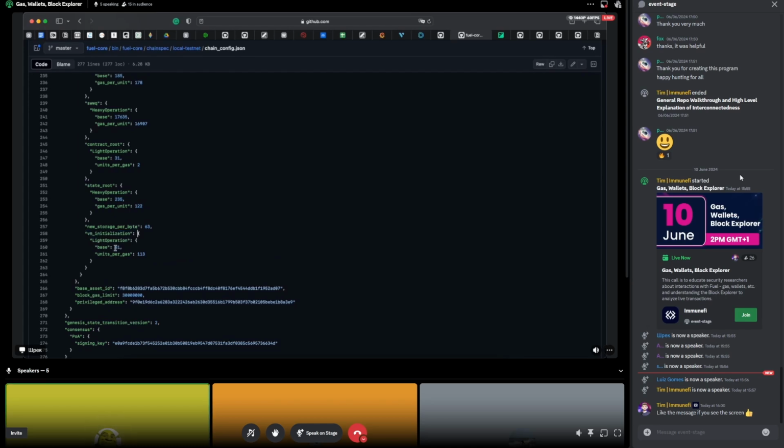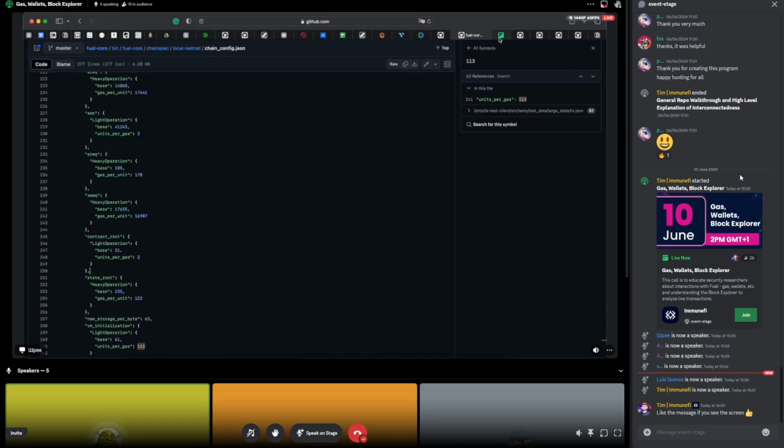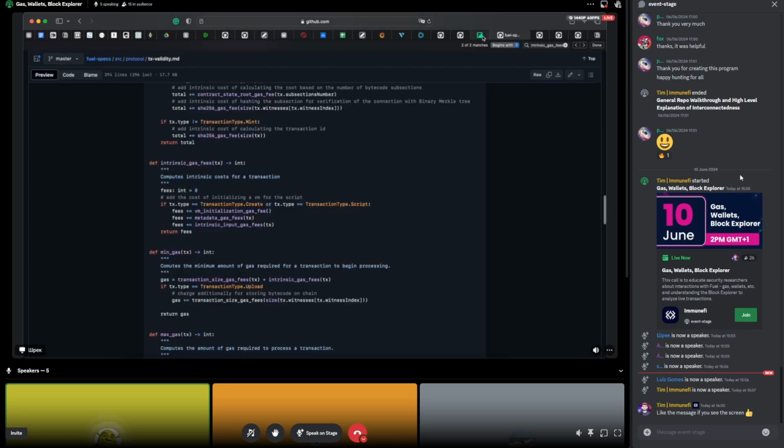After the update, we will charge 61 gas as a base, just for VM initialization, plus for each 113 bytes of your transaction, we will charge 1 gas. So if your transaction is 1,000 bytes, we will additionally charge around 9 gas. It's an example of what gas prices look like and where we store them.